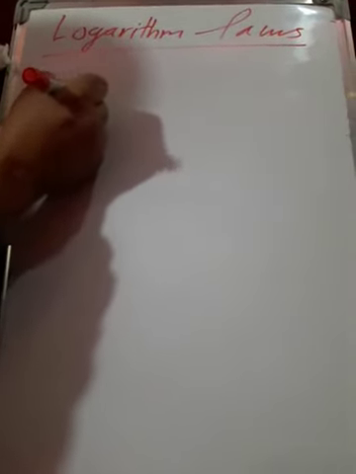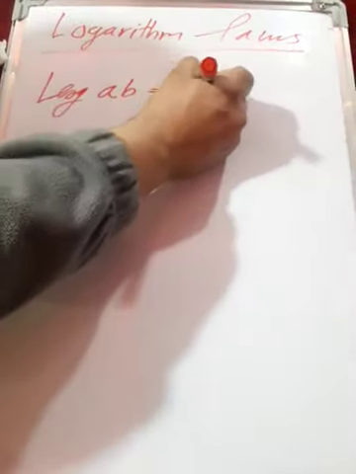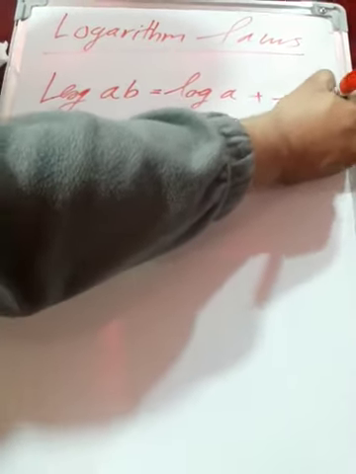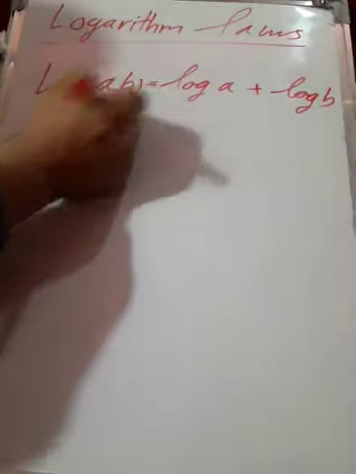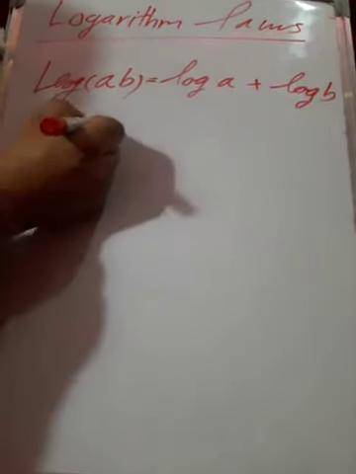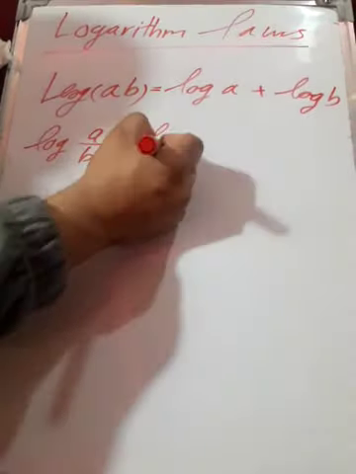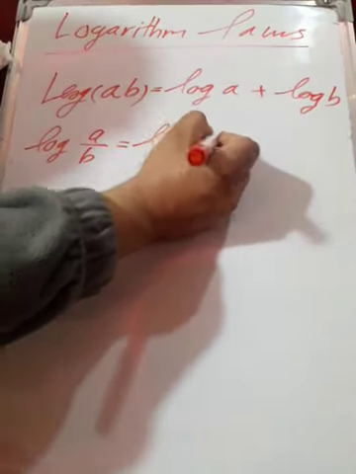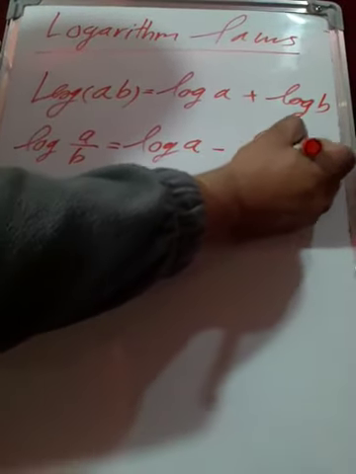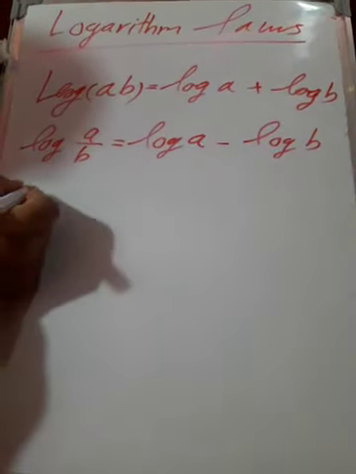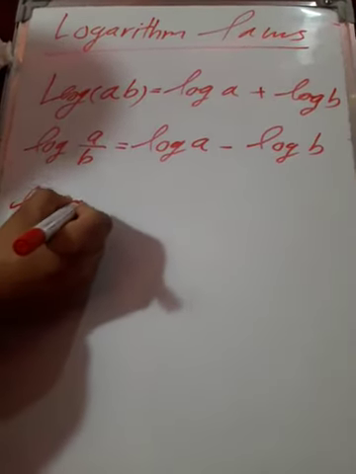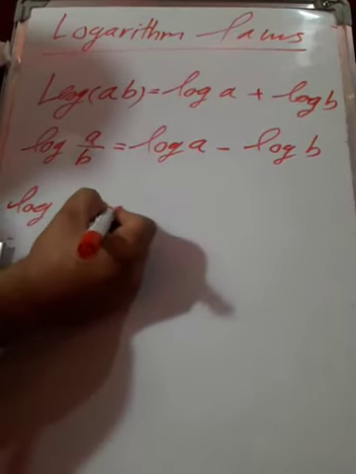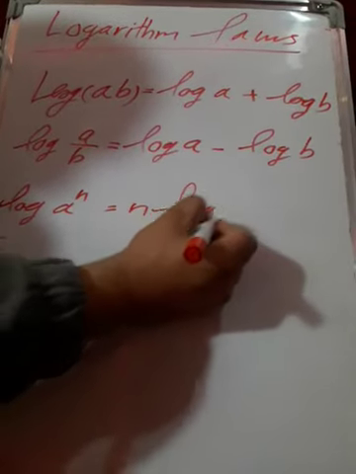First one, logarithm of A times B equals logarithm A plus logarithm B. Logarithm of A over B equals logarithm A minus logarithm B. The third law, logarithm of A to the power n equals n times logarithm A.